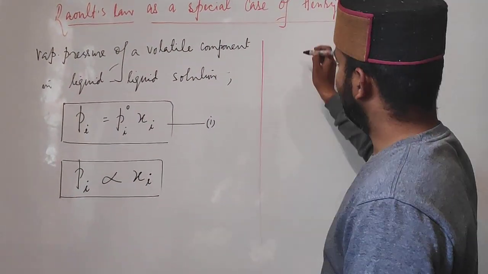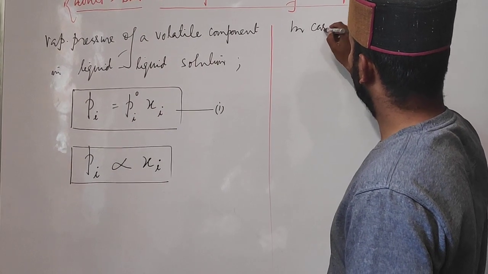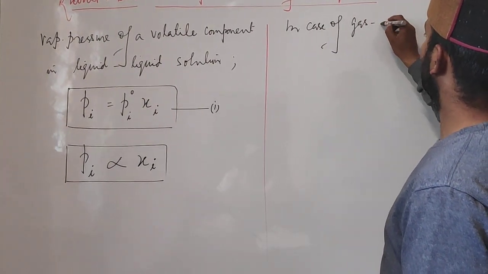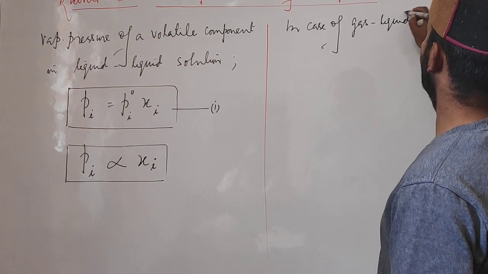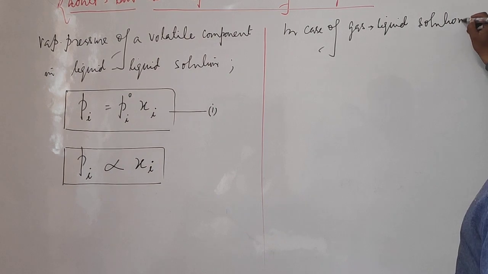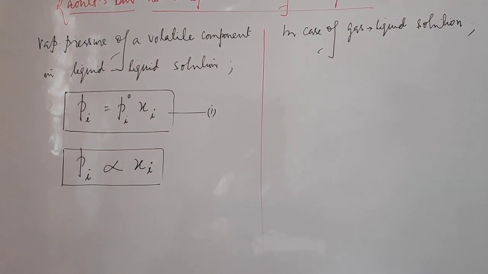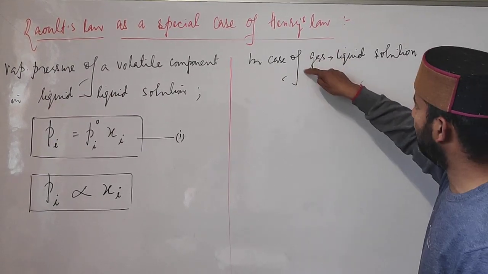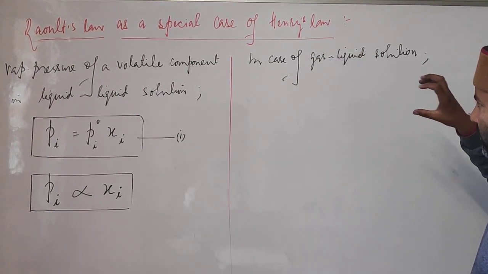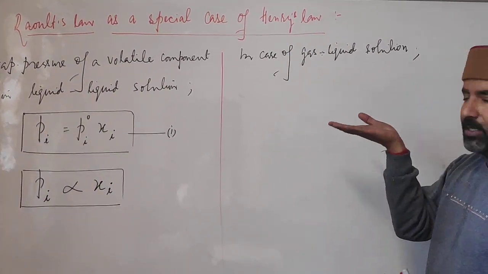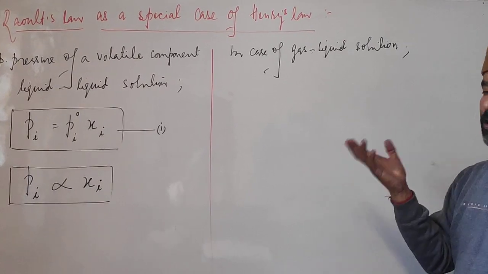Now in case of a gas in liquid solution, we are assuming that the gas is the solute. In a gas in liquid solution, one of the components, that is the gas, is so volatile that at room temperature it is a gas over the solution.